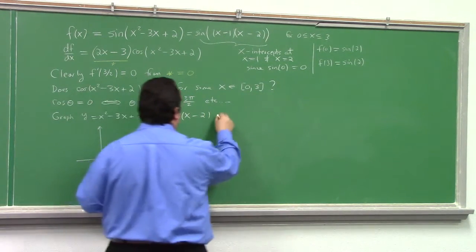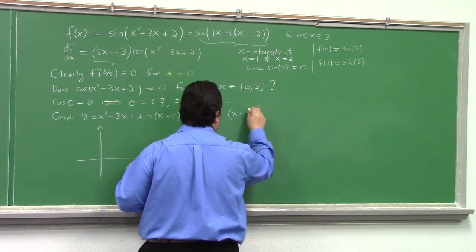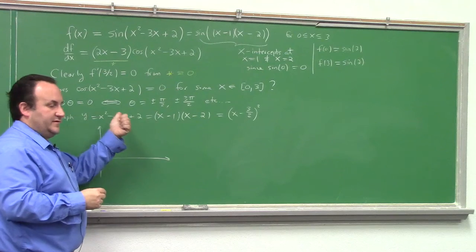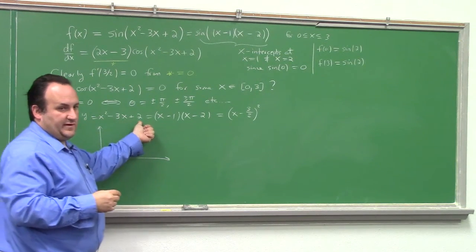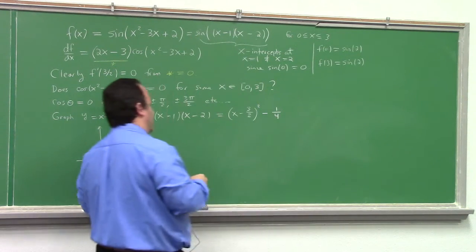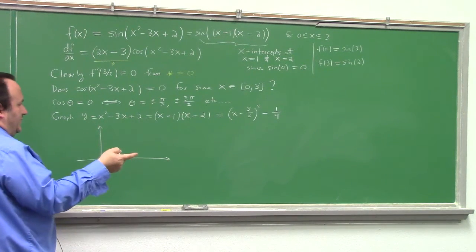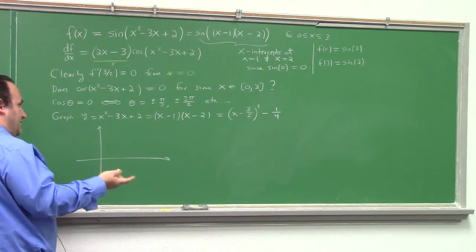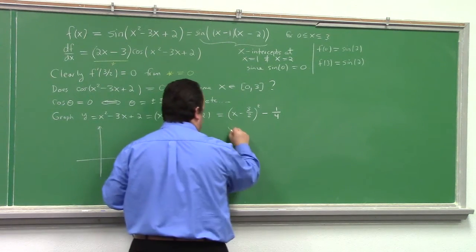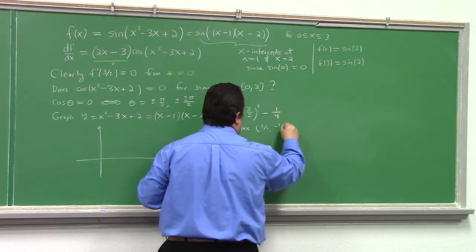Another way we could look at it is x minus 3/2 squared, and then minus 9/4 plus 8/4, so minus 1/4 altogether. Could be wrong about that. Let me think about that. I just added 9/4, subtract 1/4, I get 8/4. 8/4 is 2. Okay, good. And so that tells me the vertex of the parabola is where? 3/2, minus 1/4.